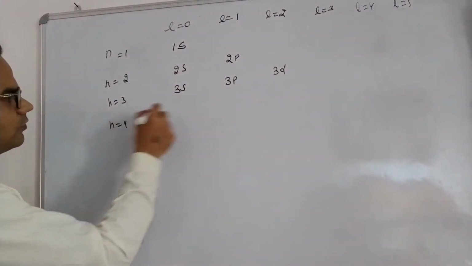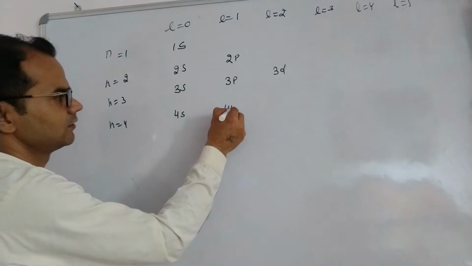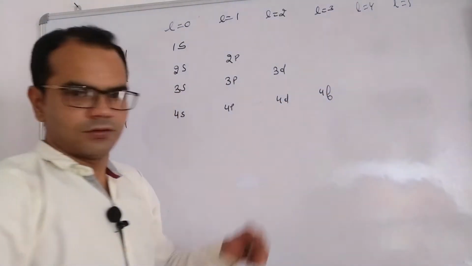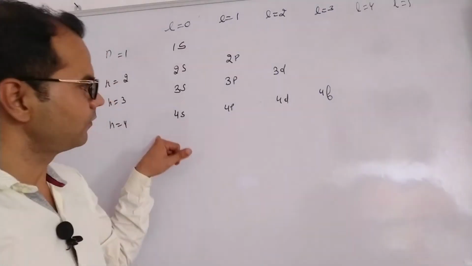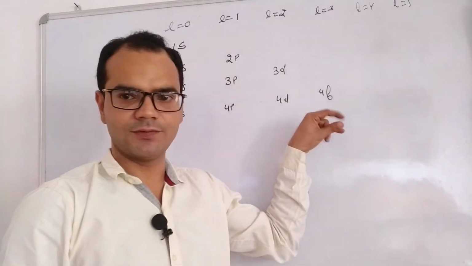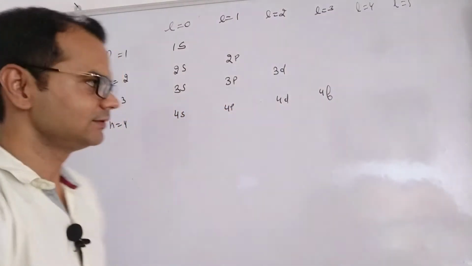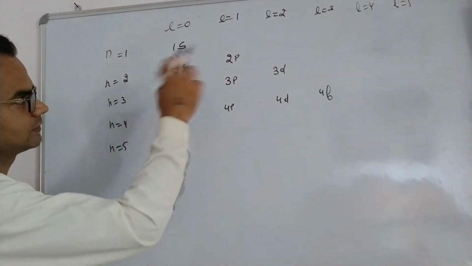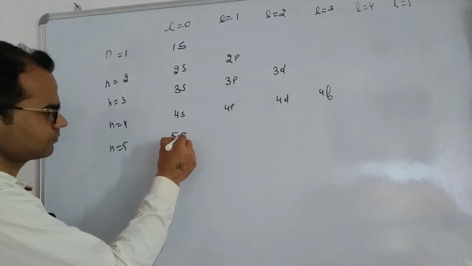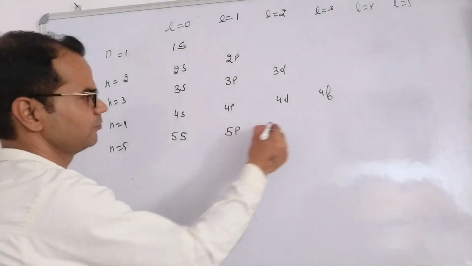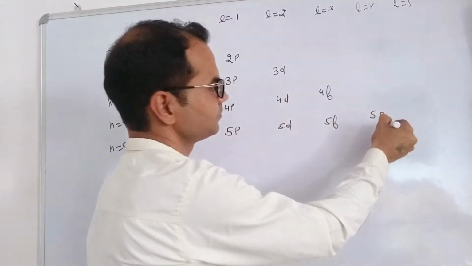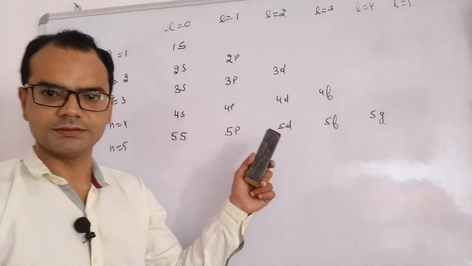N equal to 4, we have 4s, 4p, 4d, and 4f. Next, N equal to 5. The possible values of L give 5s, 5p, 5d, 5f, and 5g.